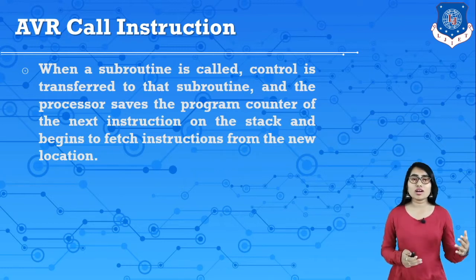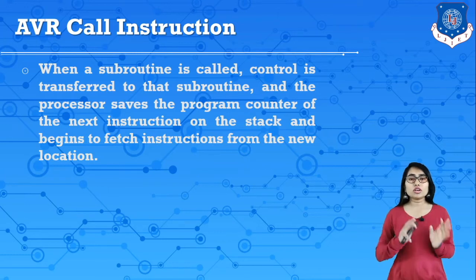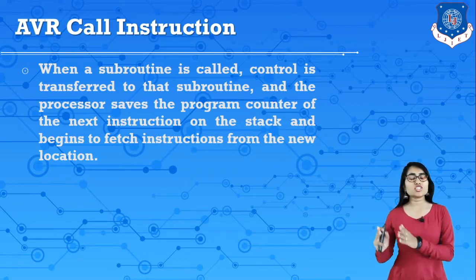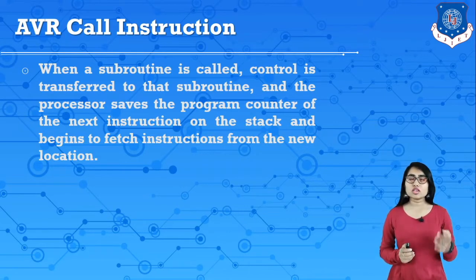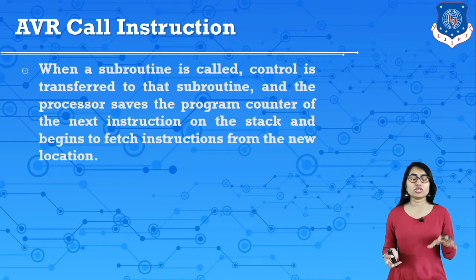Whenever this call instruction is used, the content of the program counter is stored on the stack, and the subroutine address is stored into the program counter, so that the next instruction is fetched from the subroutine.